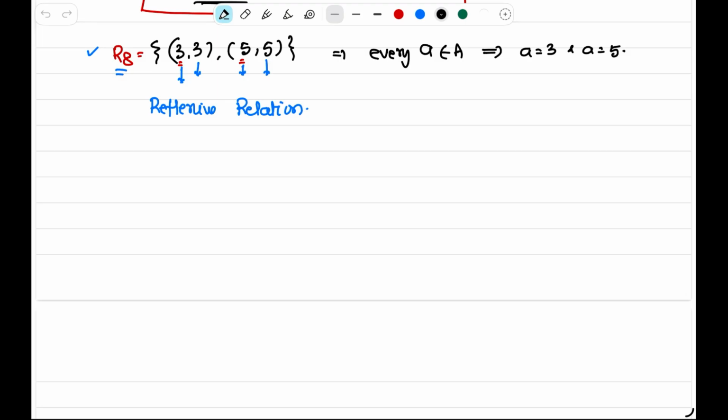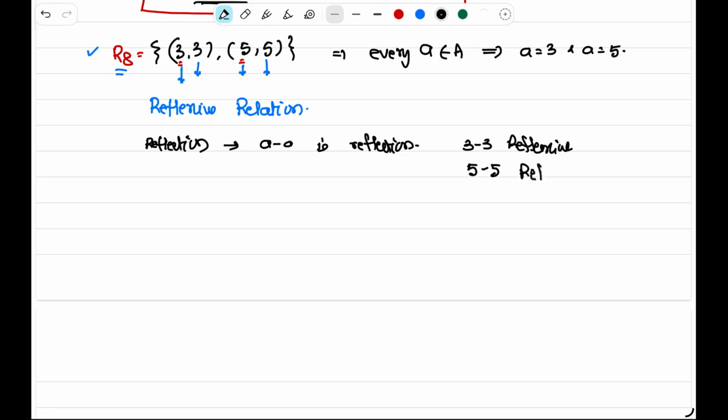Here, what is the meaning of reflection? (a, a) is the reflection of a on a. 3 to 3 is reflexive. 5 to 5 is reflexive.